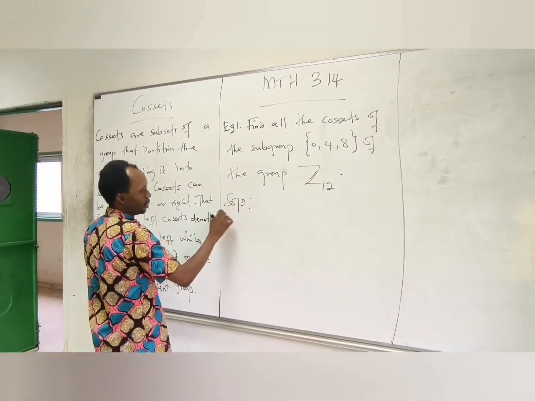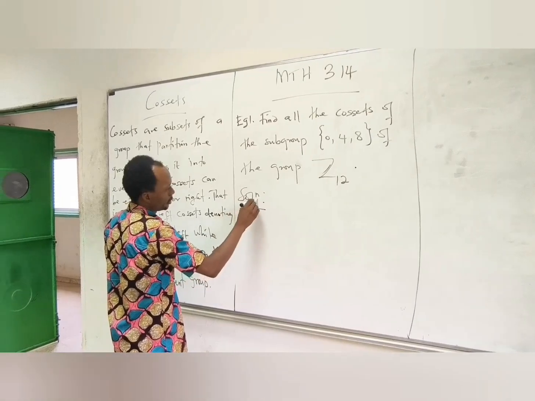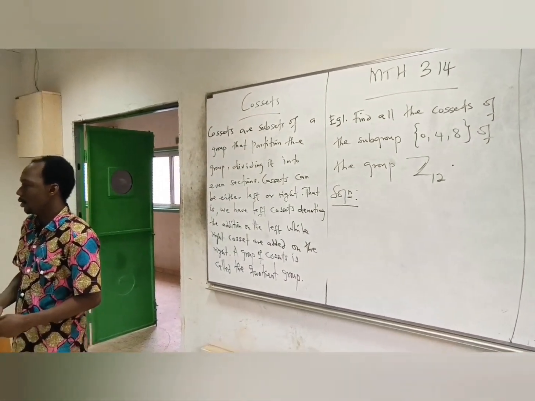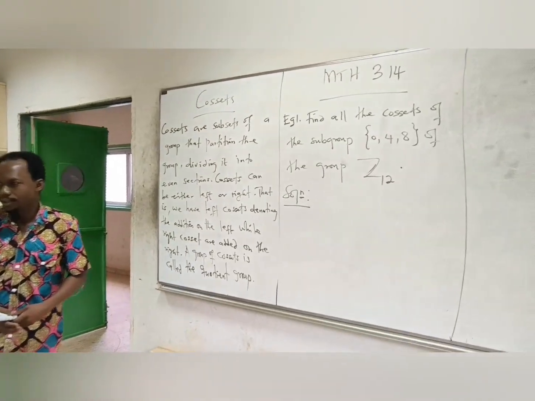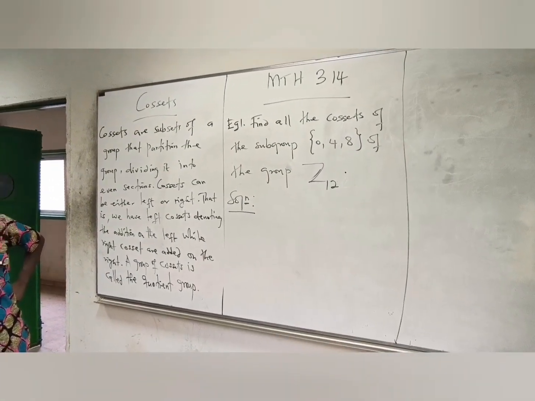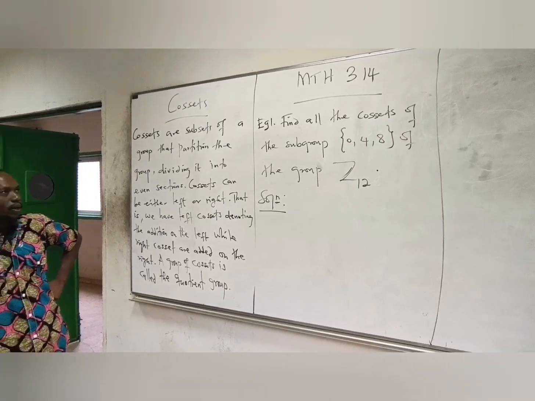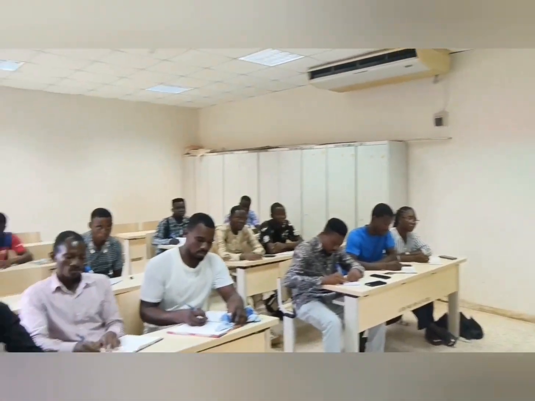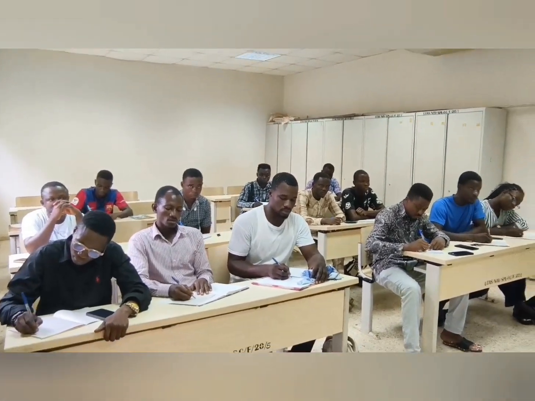So you write the question and put your pens down, and then we look at how we find all the cosets in this question. Find all the cosets of the subgroup {0, 4, 8} of the group Z12.